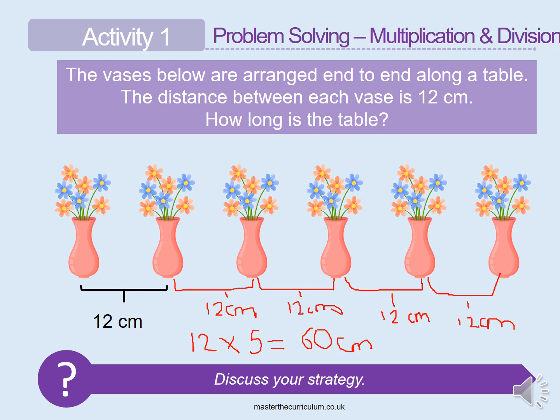And the way we did this was we found out how many gaps there were across the table. There were 5 gaps of 12 centimetres. So 12 times 5 equals 60 centimetres.